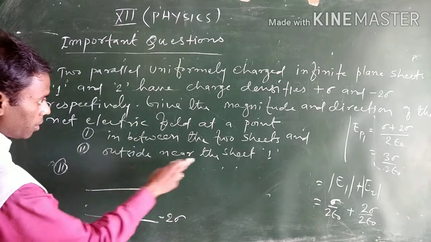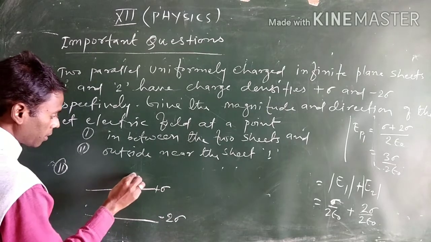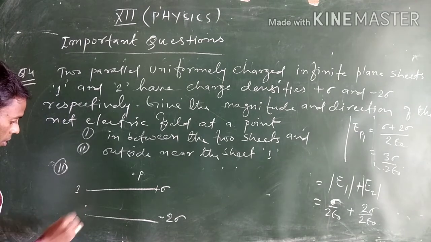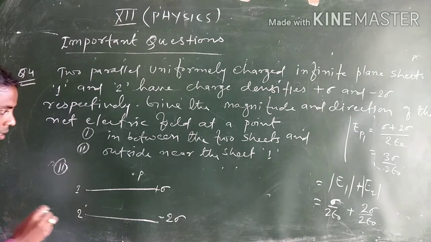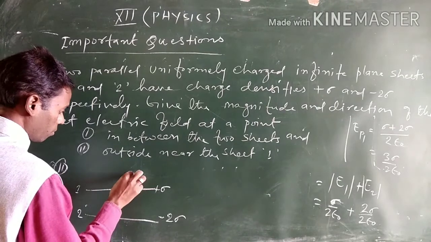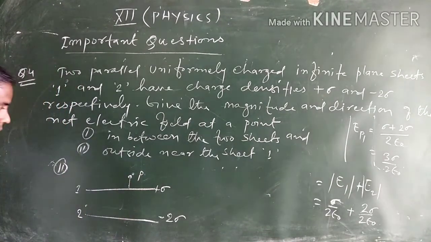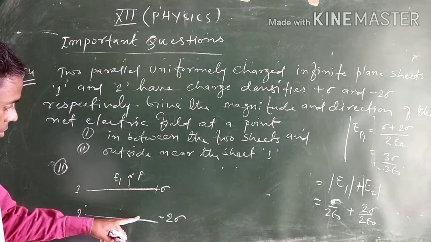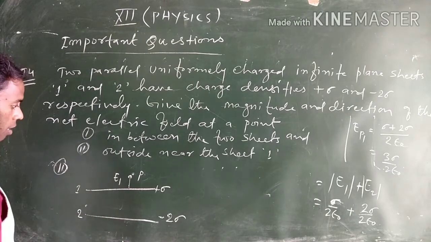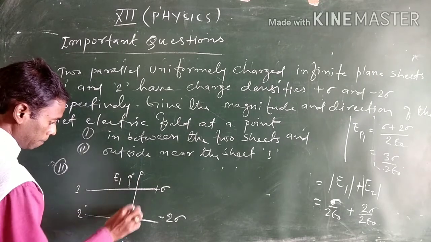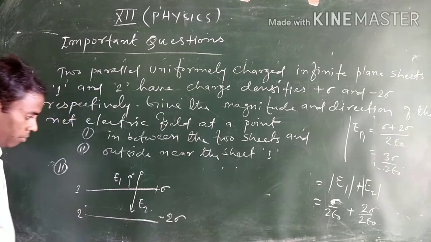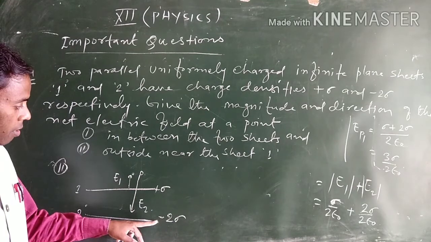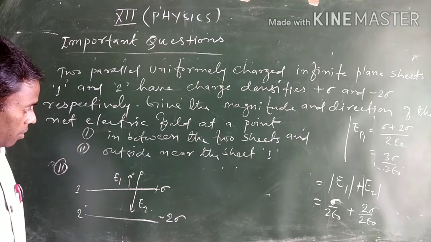Here is the outside near point of sheet A. That means here is the P, here is 1, here is 2. Due to number 1, the direction will be this side, that is E1. Due to the negative charge, the direction will be like this, that is E2, because there is negative charge density, so the direction of the electric field will be downward.